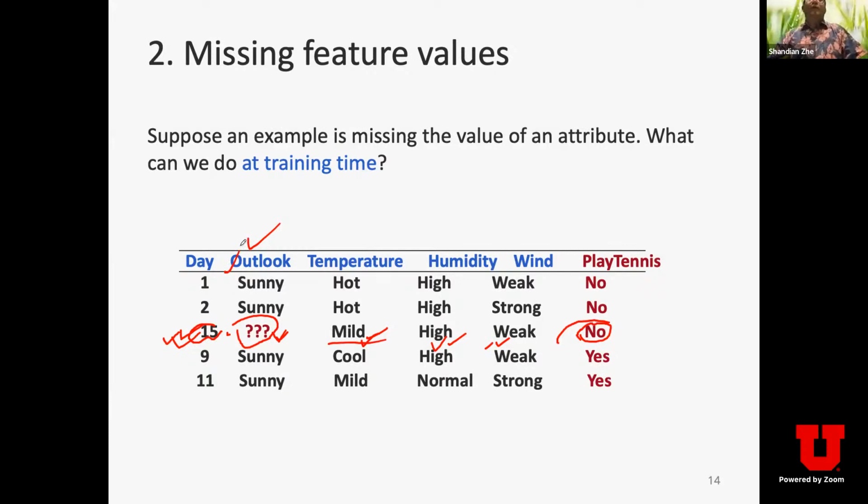That might not be sufficient, because if you make a wrong imputation, you're going to lower the value of this example. So can we find a way to consider all possible values that outlook can take? This is the third solution. It's called fractional examples. How can we do that?